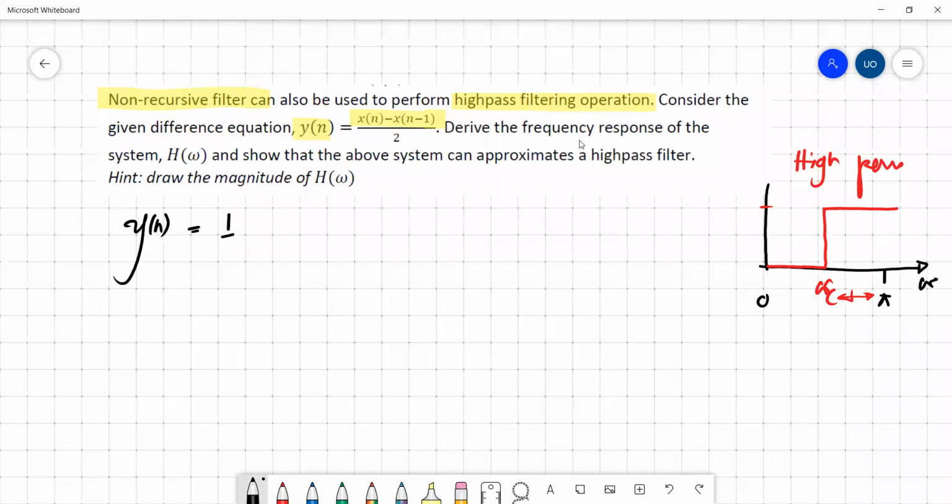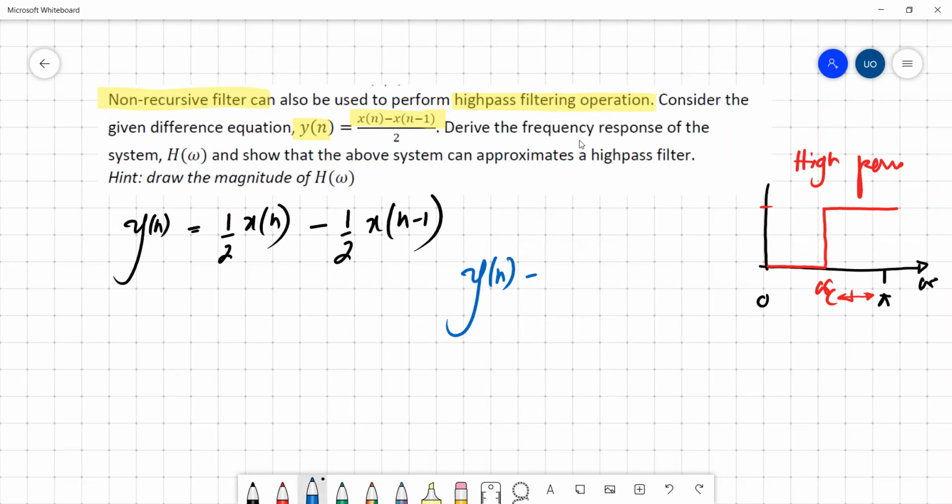So it's half x[n] minus half x[n-1]. Let's again refer to the previous equation.